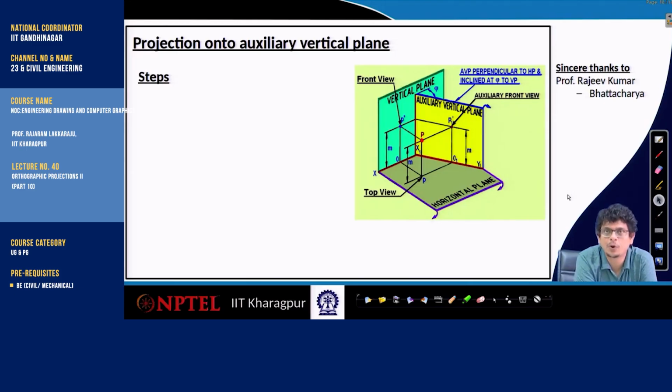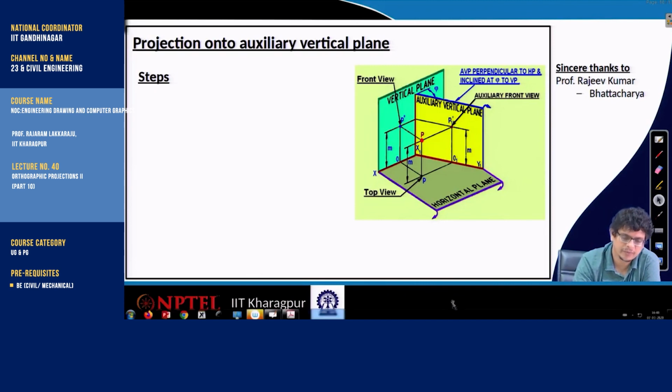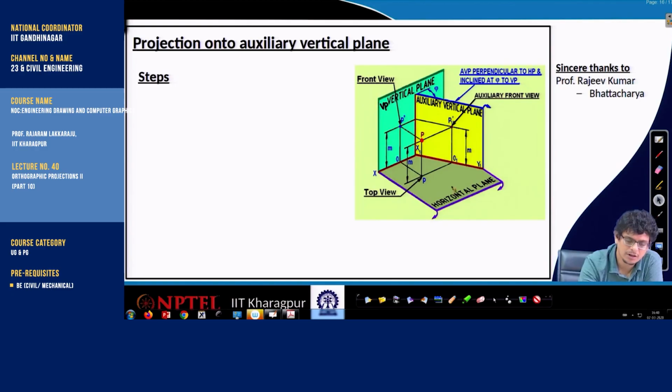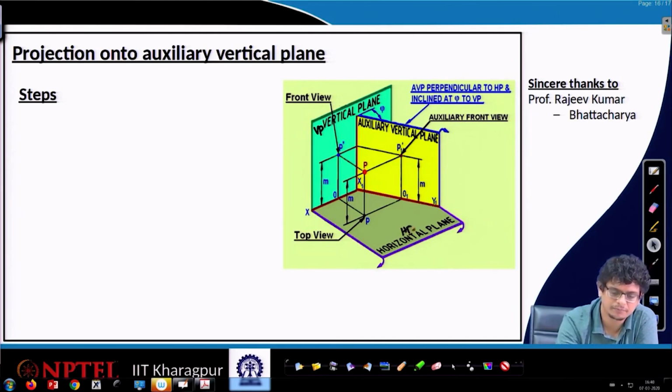Let us begin with a point P. Here we have this vertical plane, horizontal plane, and our auxiliary plane is this.